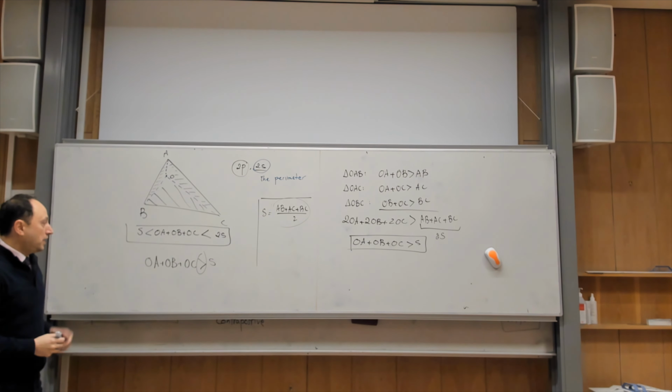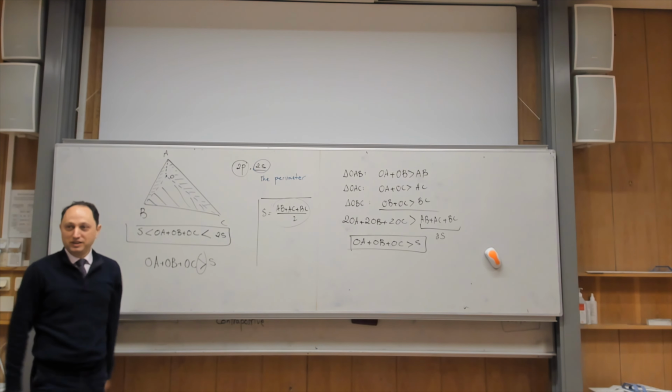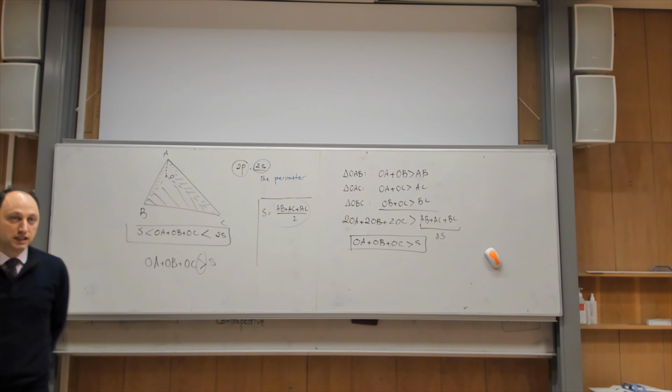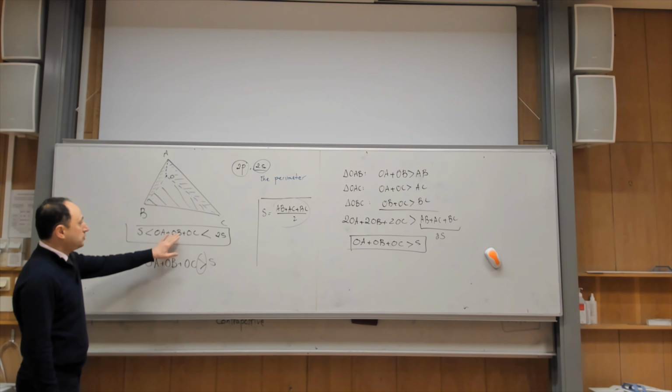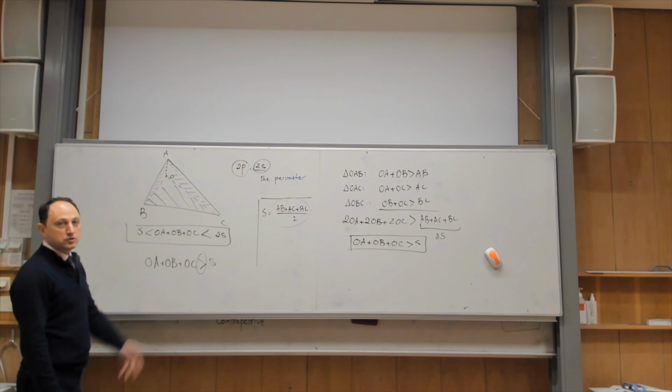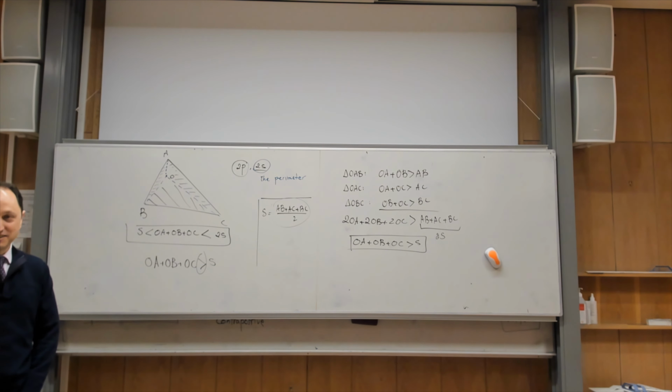Yes? But the harder one, even though it seems more obvious, is harder to prove, yes? How do you look at it, into this problem? You want to prove that OA plus OB plus OC is really smaller than the whole perimeter, which seems very obvious, isn't it? But we want to prove it.